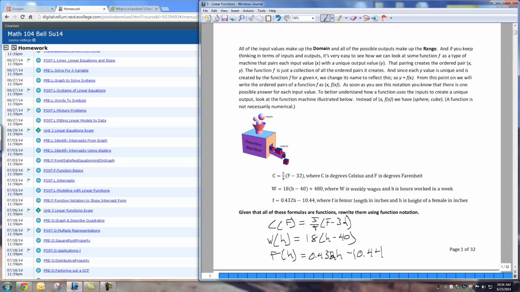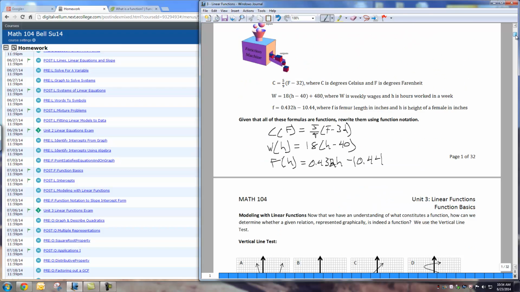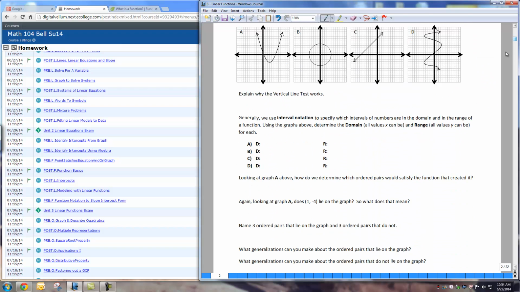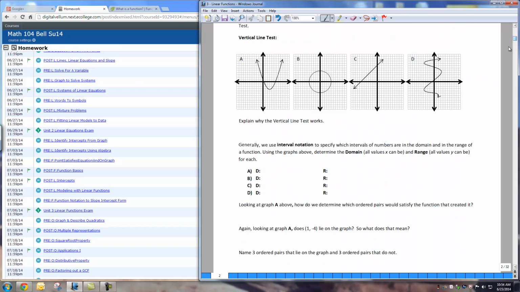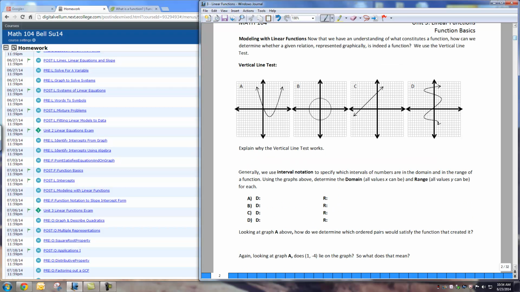Now, how do I test for this to be a function? Do I have to map a whole bunch of points and do some type of exhaustive approach? No. We have something called the vertical line test. For something to be a function, that means for each input, you can only have one output. So if I plug in 3, it can only send me to one place.